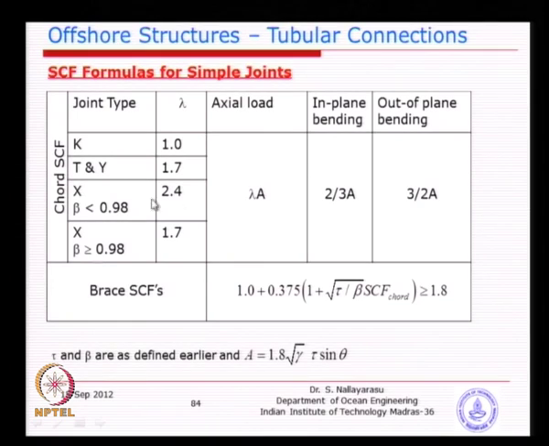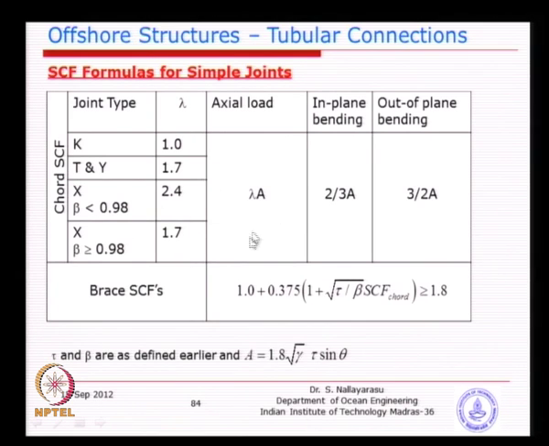Now, you look at here, for example, axial load: lambda times A. A is defined as a parameter relating your gamma and tau. Gamma is d by 2t. Tau is the ratio of the thickness of the brace to the thickness of the chord, and basically lambda is defined as the value given here.